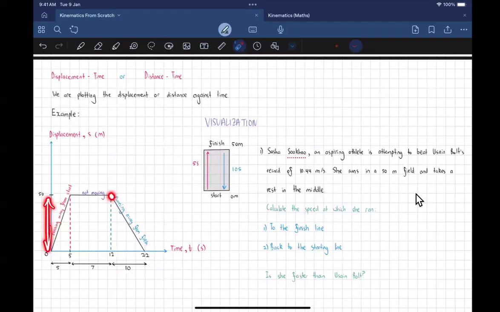And what's the difference between 12 and 22? 10. Right. So 50 over 10. That's it for gradient. That's what gradient is. I'm sure you can remember that. Can you? Yeah. So all you're doing is finding the difference here and dividing it by the difference here. Life hack day. But I will still teach you all the formula.